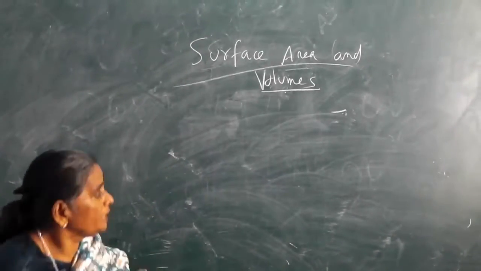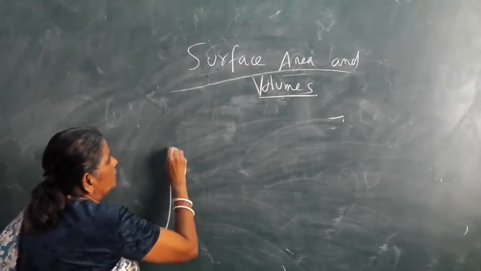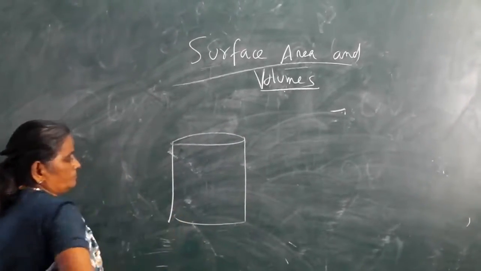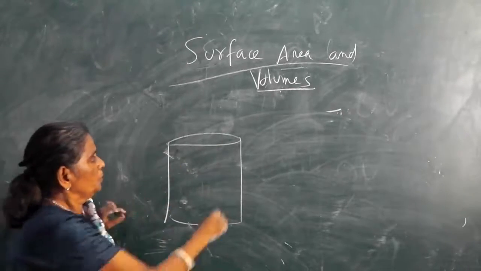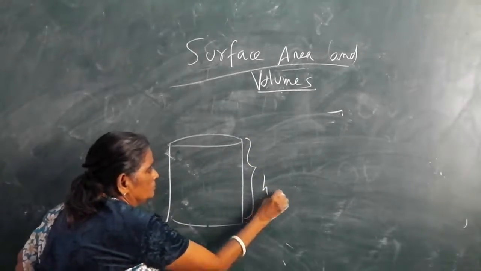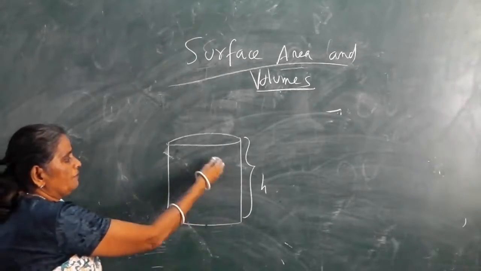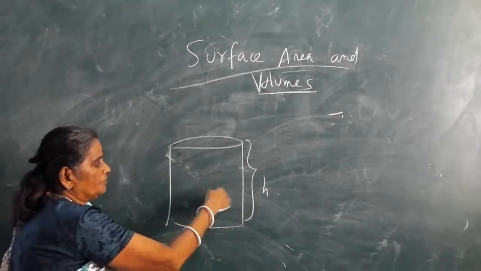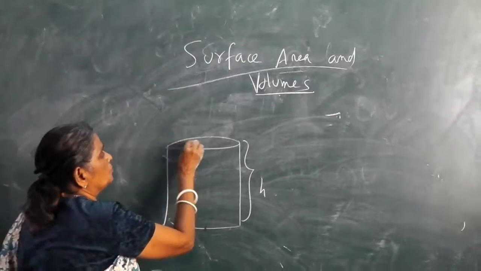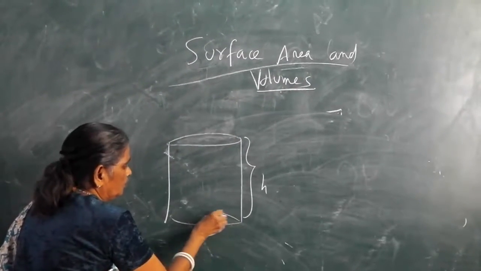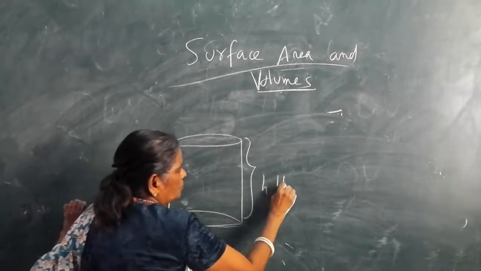Next we will talk about the cylinder. Basically, what is a cylinder? Circle over circle over circle to a height H. If I want to get only surface area, it has got 3 surfaces. If it is closed at both ends, you know clearly this is pi r square.